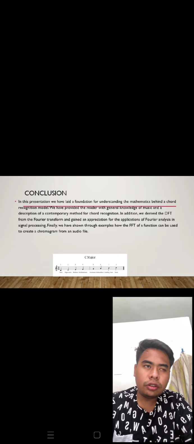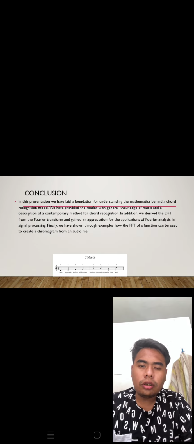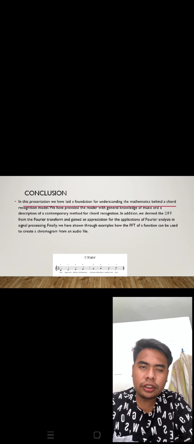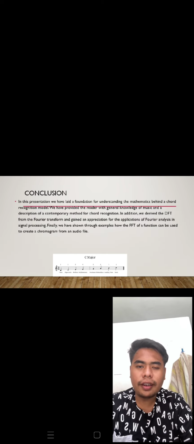In addition, we derived the DFT from the Fourier transform and gained appreciation of the application of Fourier analysis in signal processing. Finally, we have a short example of how the FFT can be used to create a hologram from an audio file. Thank you.